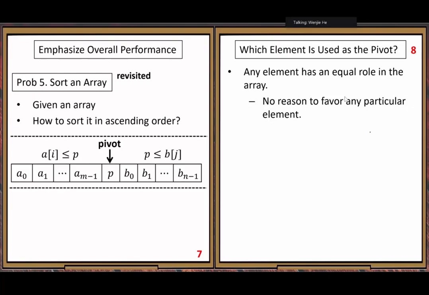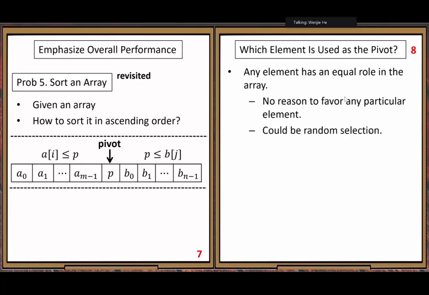All of them have the same chance to be the pivot, because we don't have any information. Based on that analysis, we can pick a random element to be the pivot, right? Random selection. Any element is good for the pivot.